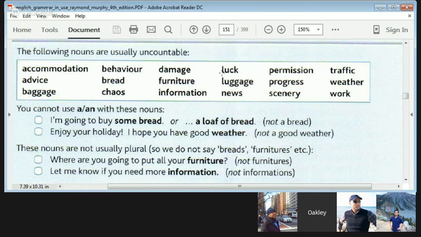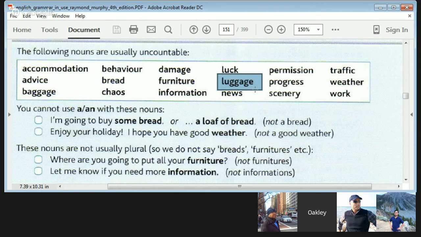We have some odd things that happen with uncountables, frankly. Like baggage. Baggage is uncountable. Yeah. Baggage. That's another weird one, because also, look, we have luggage. Baggage, luggage. Baggage and luggage are uncountable.